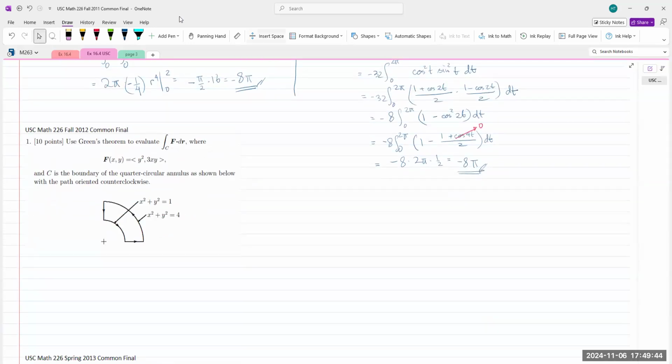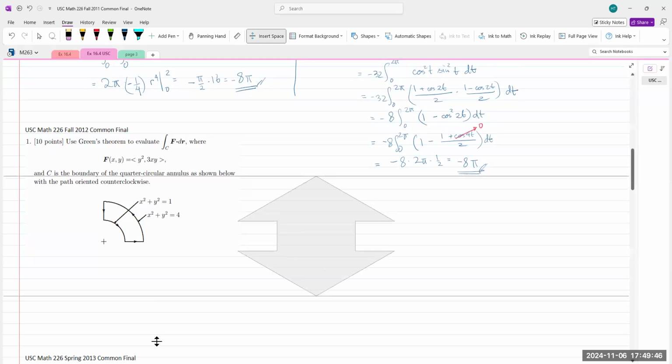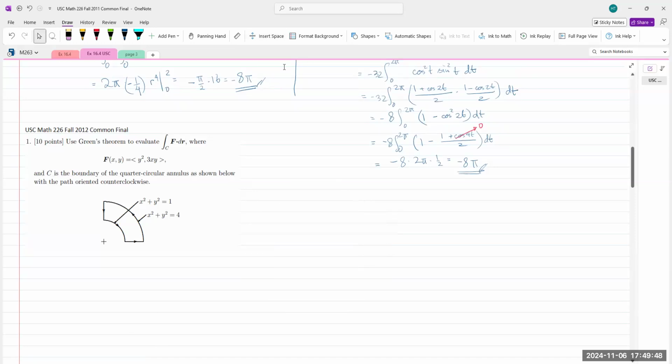Next one is from fall 2012 common final. Use Green's theorem on this, where that's the F. Well then what is Q sub X minus P sub Y?